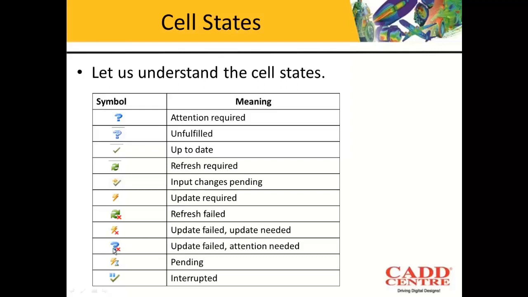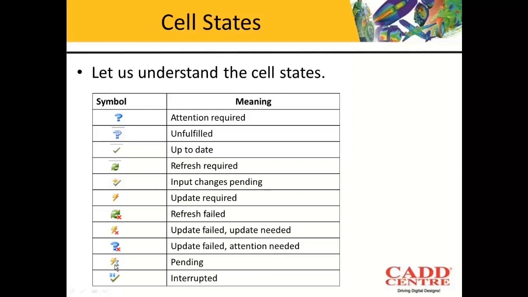If you see a blue colored question mark with a cross mark, that means the update has failed and attention is required. That means some data has been wrongly entered over there and you need to quickly attend that cell so that you make the corrective actions over there.